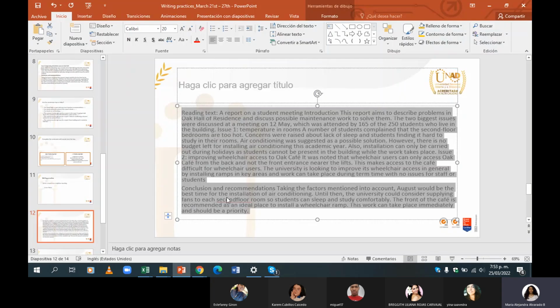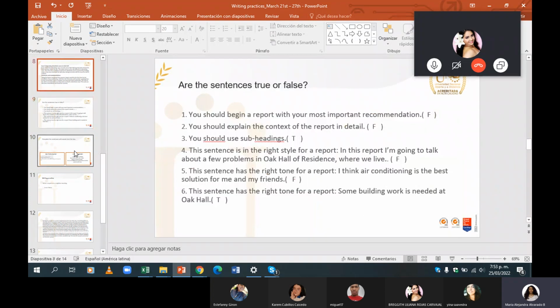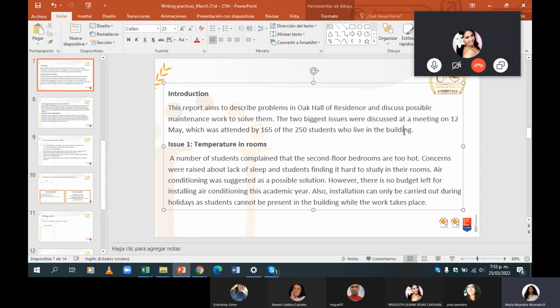Okay, I'm going to give you 4 minutes in order to write just the introduction about this report. A report on a neighbor's meeting. What's the problem? Noise. So here we have the introduction, and you are going to try to write down an introduction with similar characteristics. Okay? As soon as you finish, just send it into the chat.